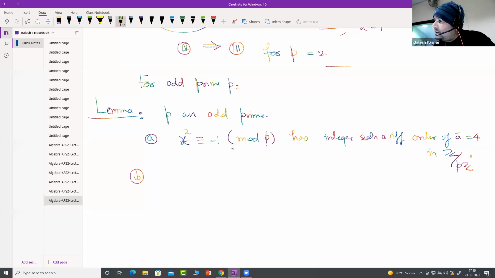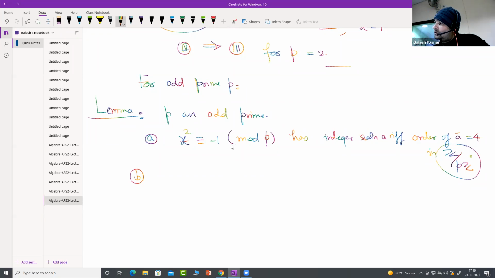And the second statement is about this: Z mod pZ is a field, and therefore if you look at the multiplicative group, that will be a group, and we know from group theory that it is a cyclic group. Of course, the order of this multiplicative group will be p minus 1.